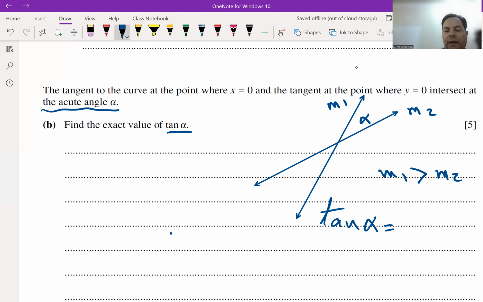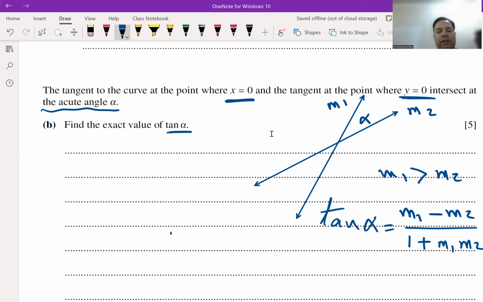Tan alpha is M1 minus M2 divided by 1 plus M1 times M2. So you have to identify the gradient at this point and the gradient at the other point, then apply this equation.